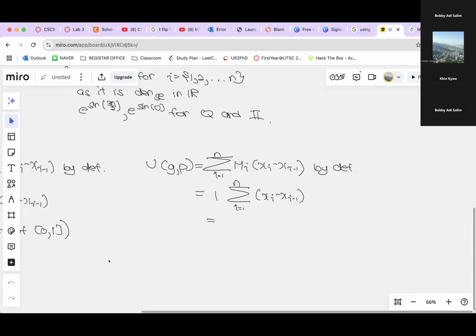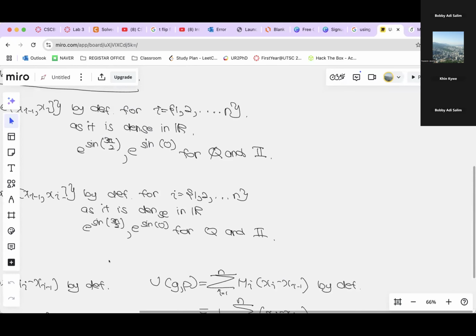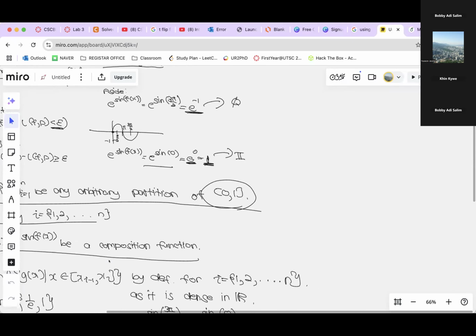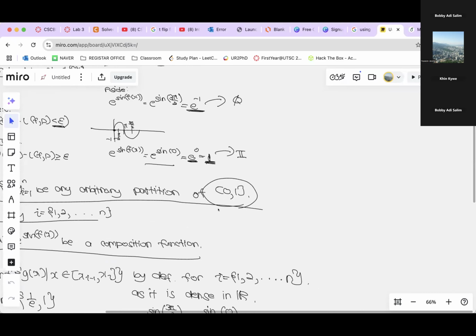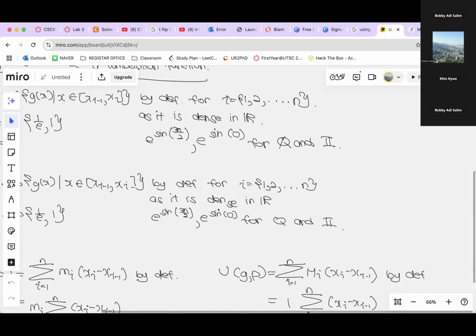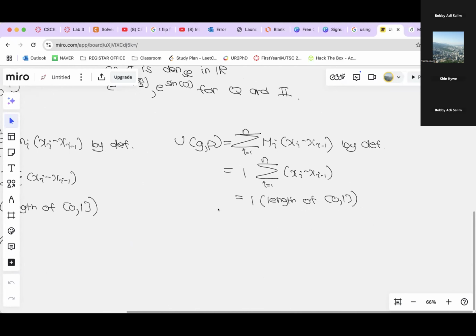And then you write in here that it's going to be 1 times the length of [0, 1]. As stated in the first portion of the question, it is a partition of [0, 1]. It's a closed interval. Let me just make it more clear. So, 1 times 1. So it's going to be 1 over here.